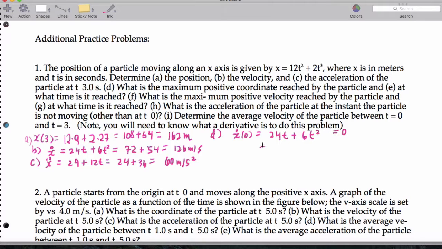This is easier to factor, so we're going to end up getting 24 plus 6t times t equals 0. So we're going to end up getting here actually t is -4 seconds. So that's interesting.